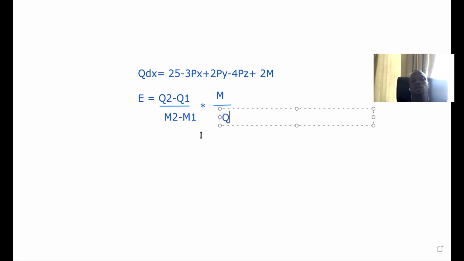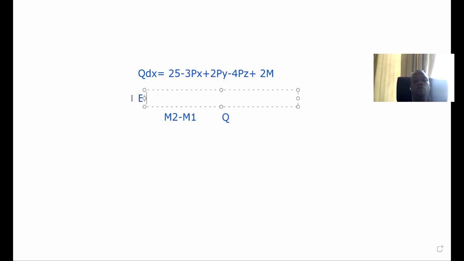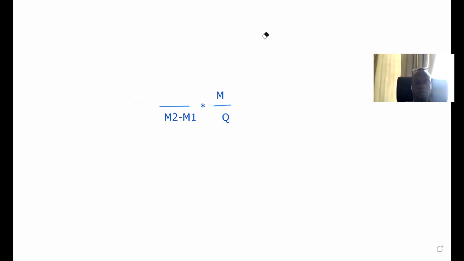So you have this, and that will be for the income elasticity, EM. And then you can do the cross price, the change Q2 minus Q1 of good X over the change in the price of good Y, if you are doing cross price elasticity.